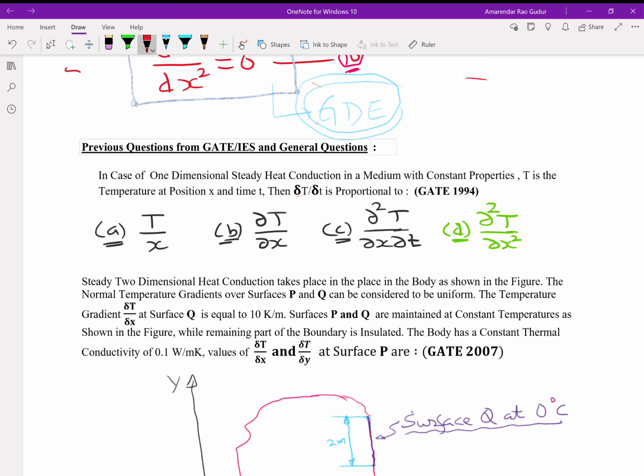You've got various options. Obviously, the one given in green color is the correct one, that is del square T by del x square is equal to 1 by alpha del T by del tau. Alpha is a constant.